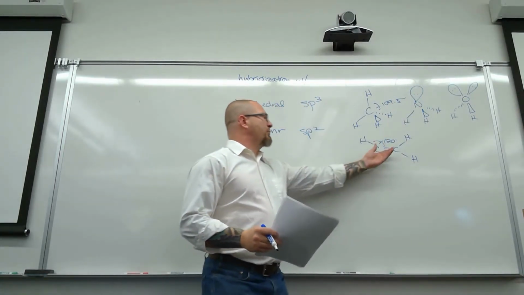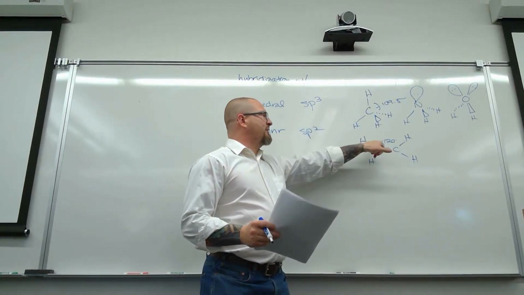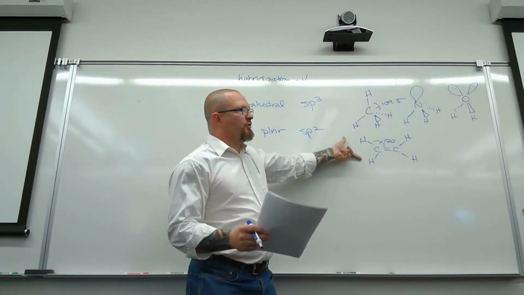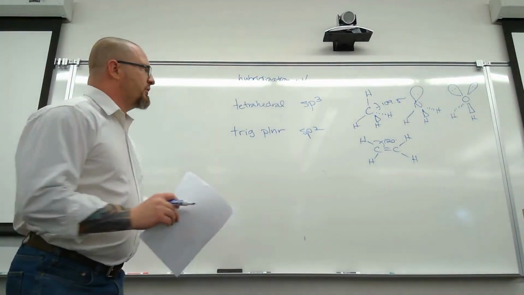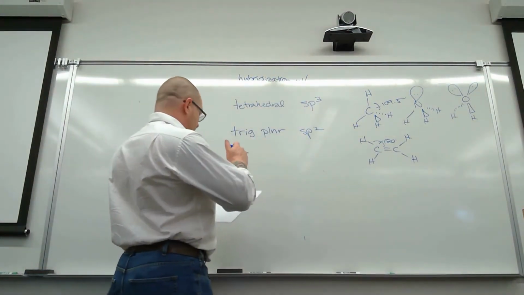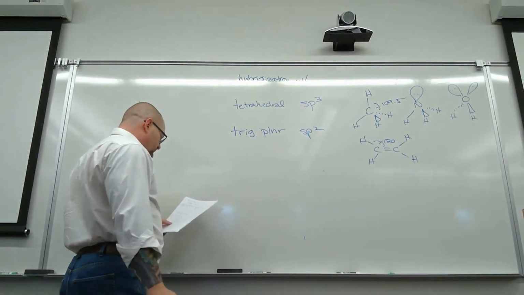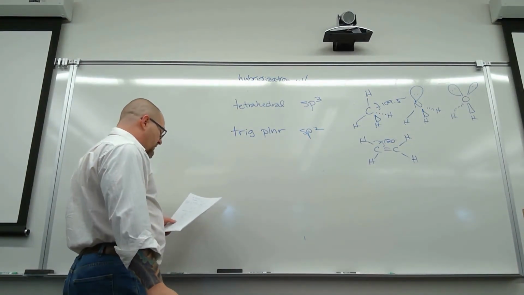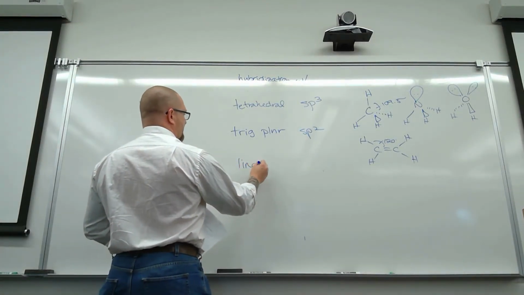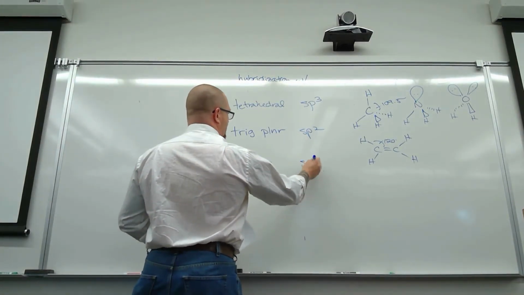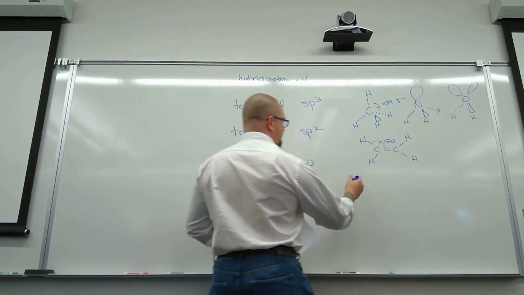Of course, this has more electron density here, so this will be slightly more than 120. The bond angle between the two hydrogens will be slightly compressed, but ballpark 120. If it is linear, we're looking at sp.